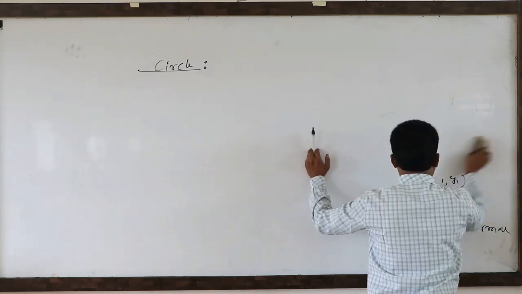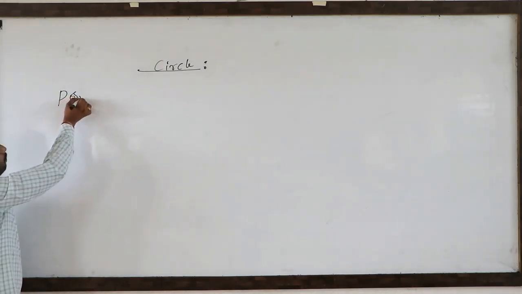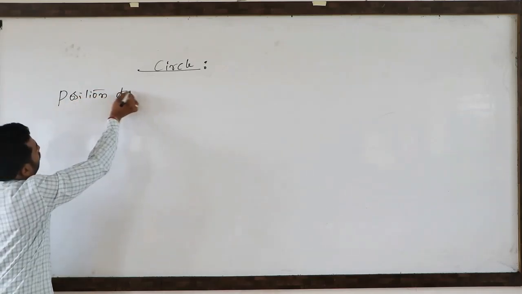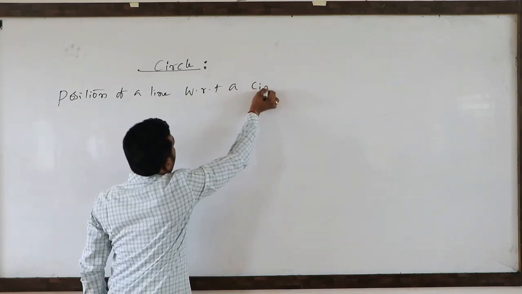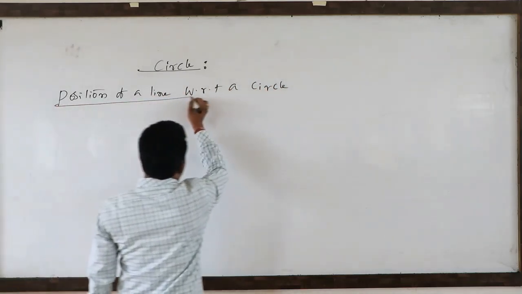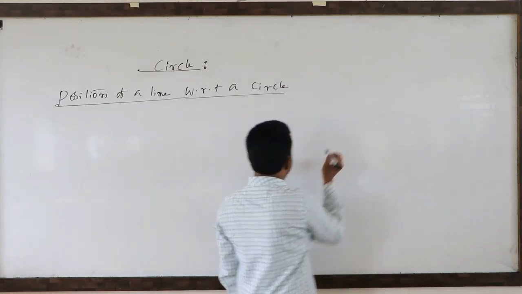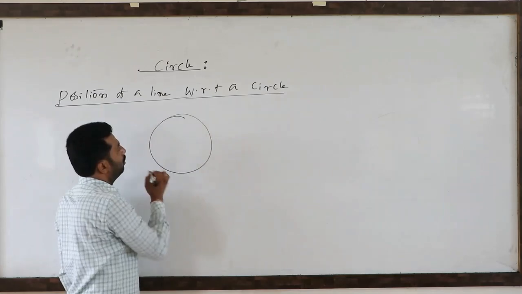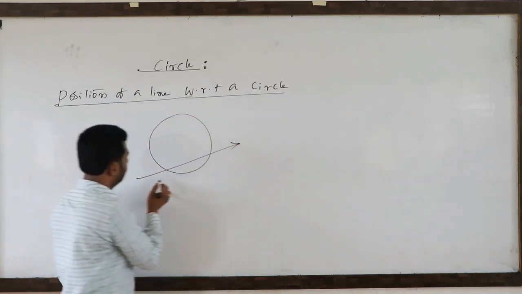Position of a line with respect to one circle. Suppose this is a circle, and one line is there in the same plane of the circle, maybe like this.